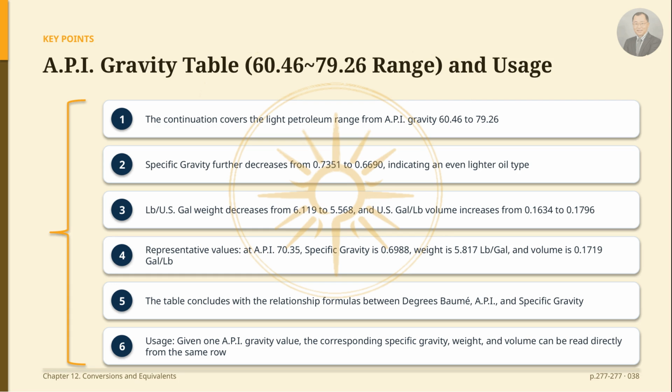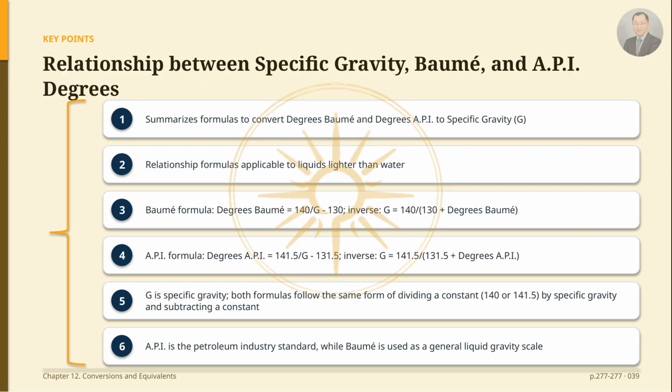In this slide, we have summarized the formulas that define the correlation between specific gravity, Baume degrees, and API degrees. Basically, both indicators have the same structure of placing a constant in the numerator, dividing by the specific gravity, and then subtracting a specific value. For example, Baume degrees are calculated by subtracting 130 from the value of 140 divided by the specific gravity.